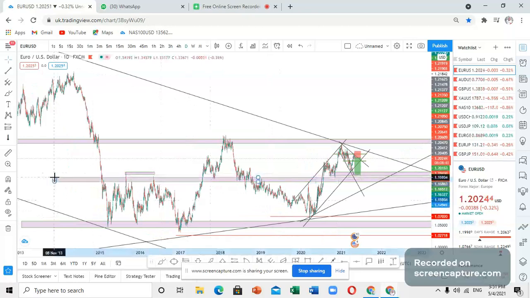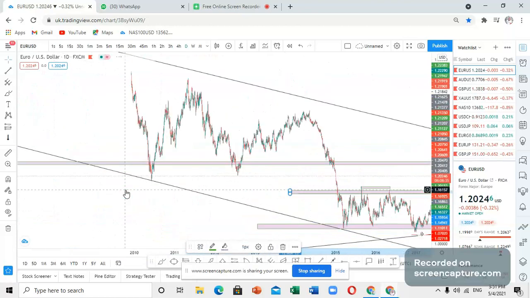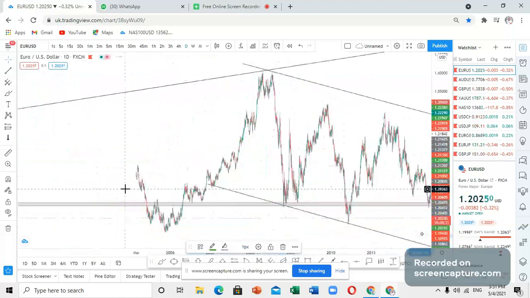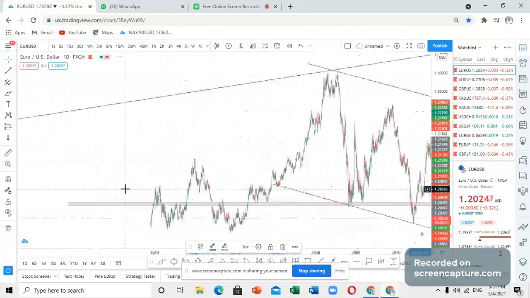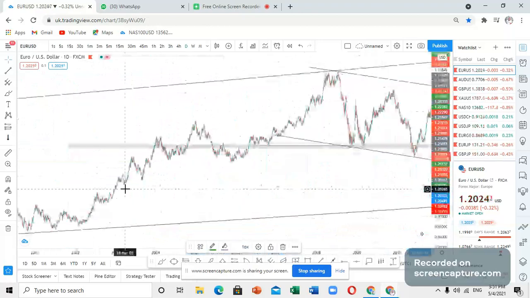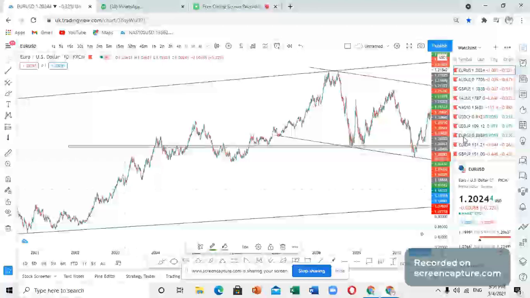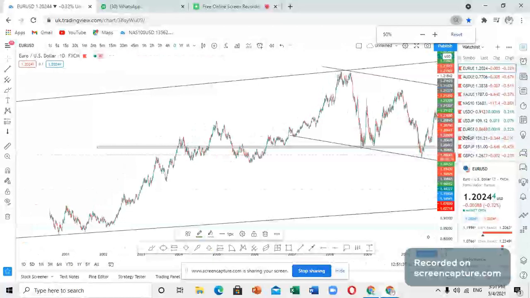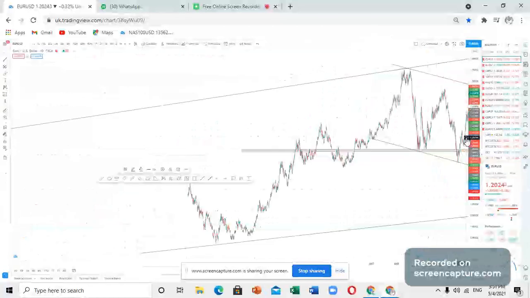So this is what we are having here on our daily time frame. You can see the market, after touching the downside, if I may zoom out, so I can have a clear view of what I'm talking about.